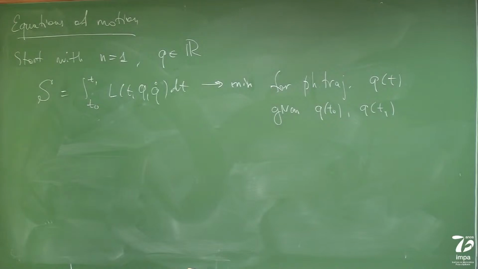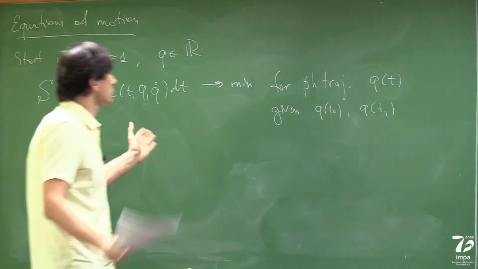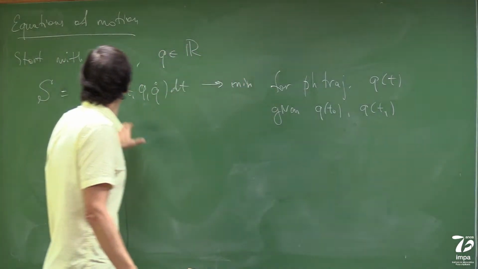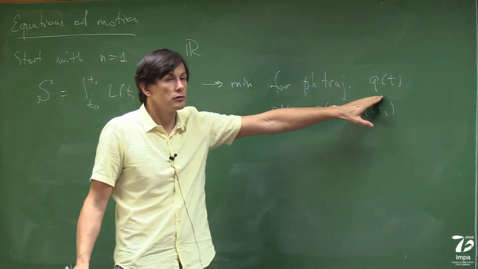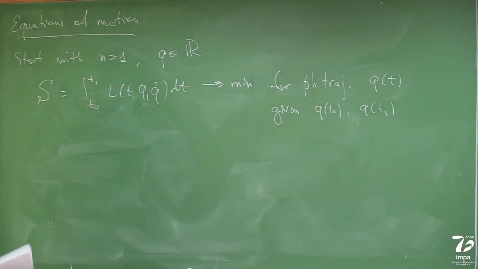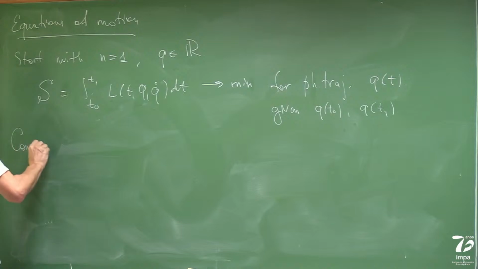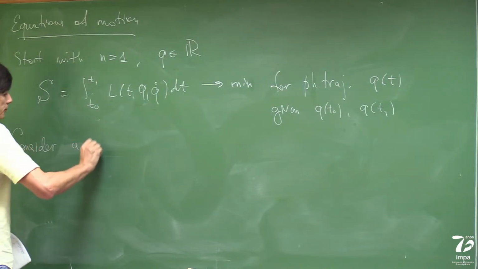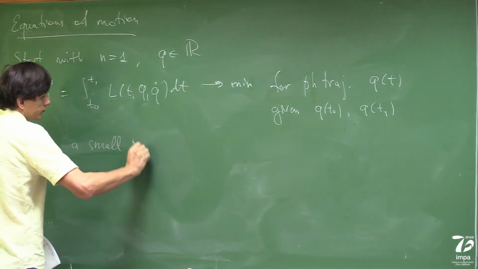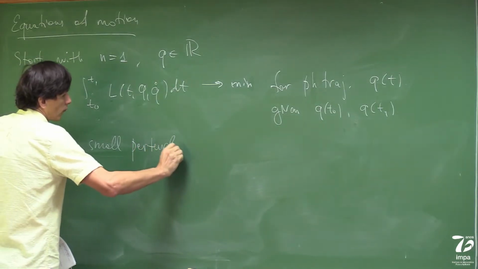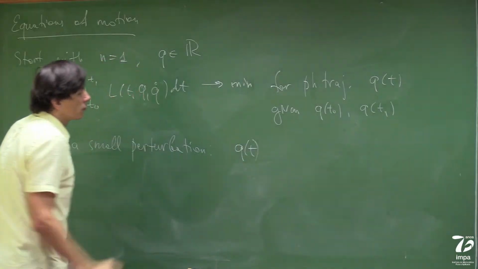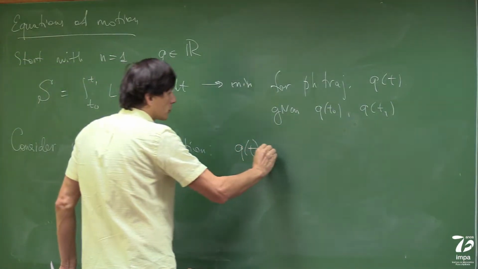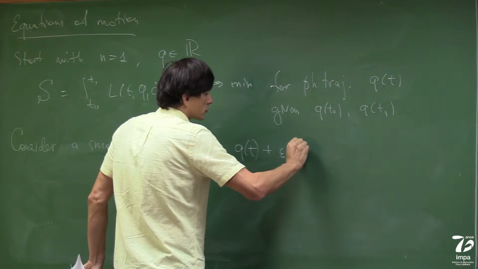So the Hamiltonian principle tells us we give you 2 points, we give you function L, so find the trajectory which takes the minimum. So how you do this? Consider a small perturbation. So we consider the trajectory which is perturbed with some other function.